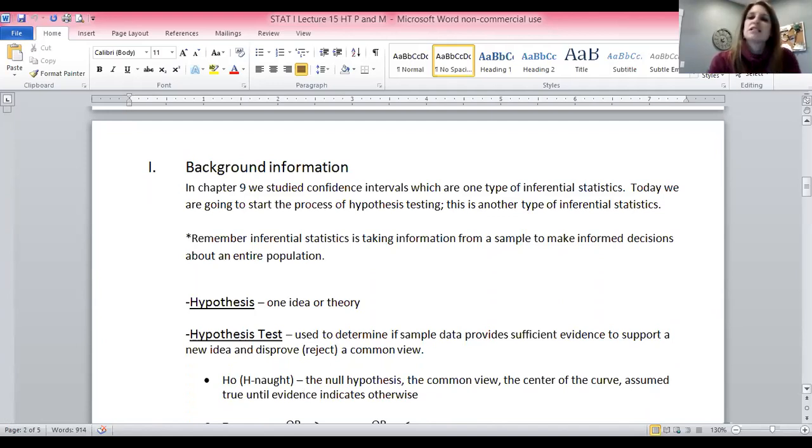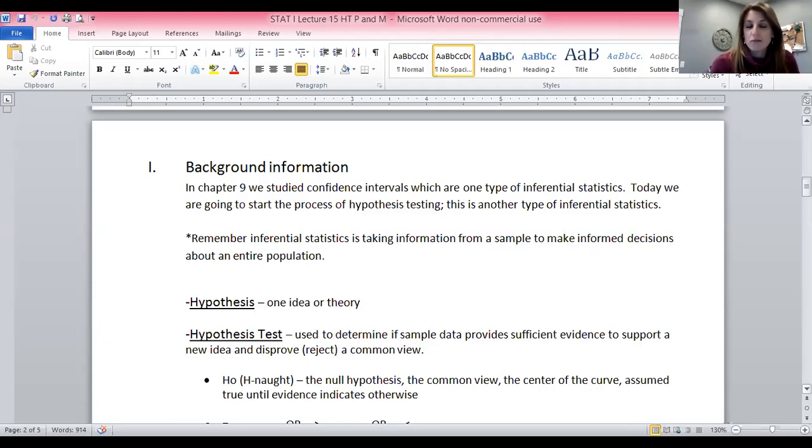So what we're going to do today in Chapter 10 is called a hypothesis test. In hypothesis testing, we're going to use this 5-step process. It's pretty lengthy, and the first time you go through a full hypothesis test, it will take you a really long time. It could take 30 minutes, even more for some people, which is okay.